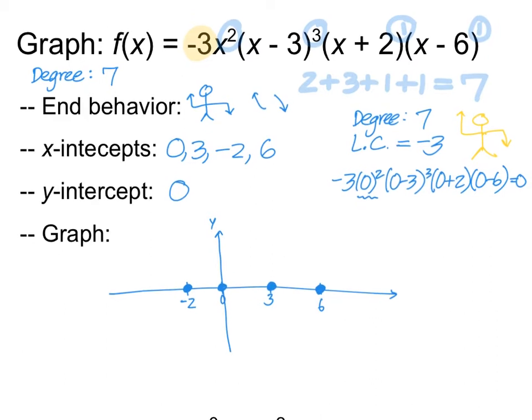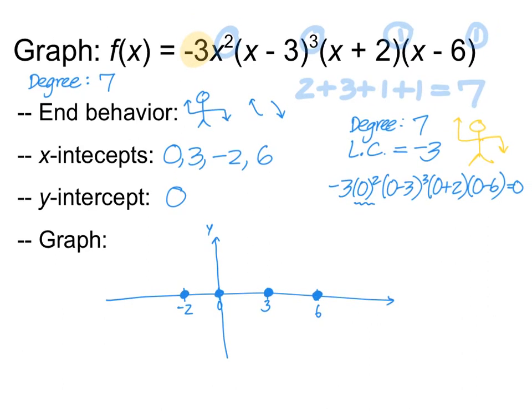Going from left to right again: for 0, I have an exponent 2, so that's a bounce. For the 3, I have an exponent 3, so that's a cross. For the negative 2, I have an exponent 1, so that's a cross. And for 6, I have an exponent 1, so that's a cross. So I need to bounce off of the 0 and cross the 3, the negative 2, and the 6.